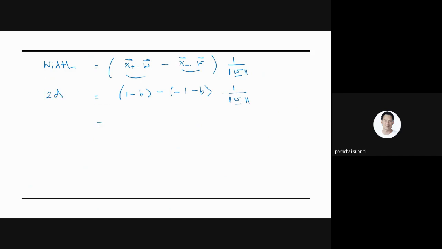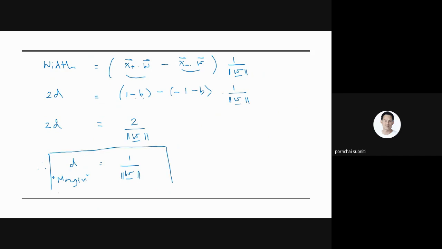So if you look at it, you get 2d equal to 1 minus minus 1, you get 2, minus b plus b, you get 0, divided by size of w. Therefore, the half, the margin, this one is called margin, is equal to 1 over size of w.